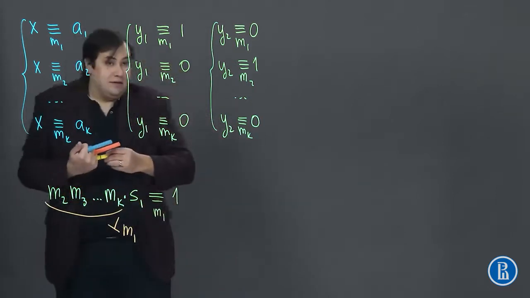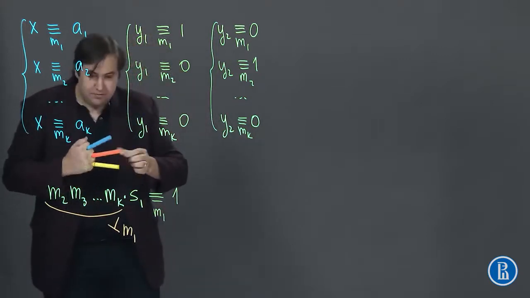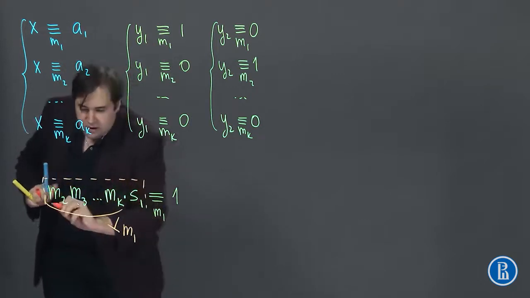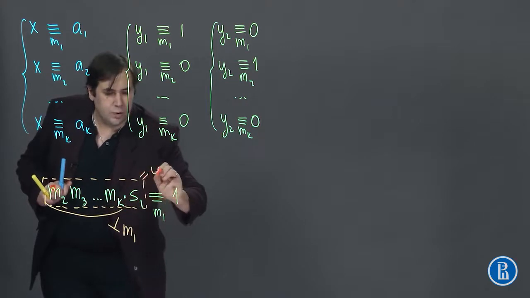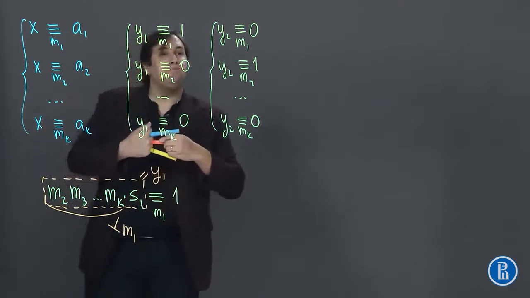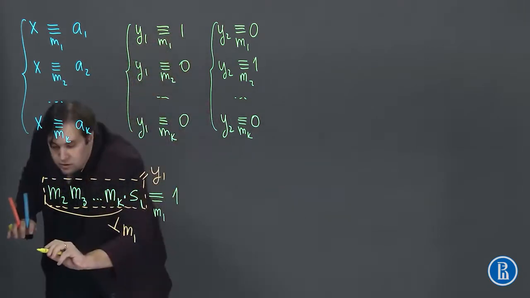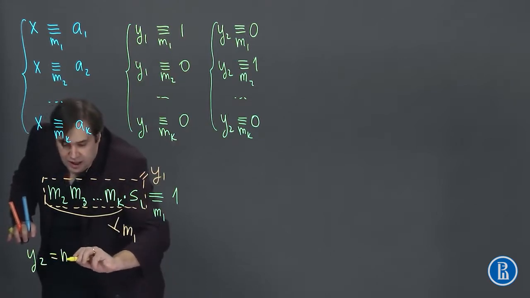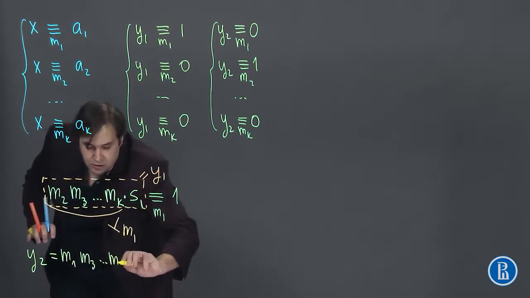And this means that we have y1, all this we can take to be y1. And similarly, y2 will be equal to m1 multiplied by m3 multiplied by and so on mk.